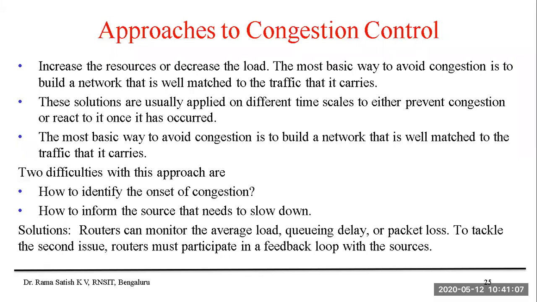One is to identify the onset of congestion. The second is how to inform the sources that they need to slow down. If the sender keeps sending packets at the same speed, the queue will fill up, it will create a traffic jam, congestion, and packets will be lost.